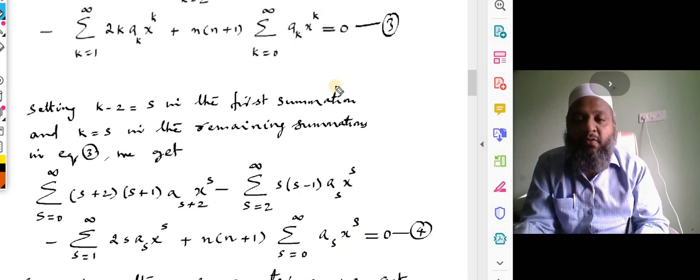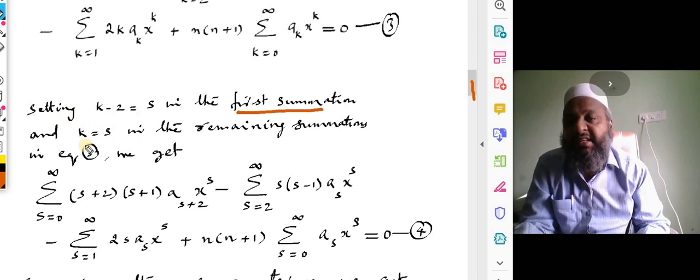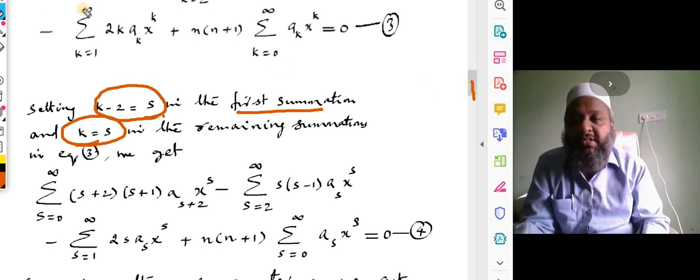Now, after setting k minus 2 equal to s in the first summation, and in the remaining summations just k equal to s, what happens now, you see here.